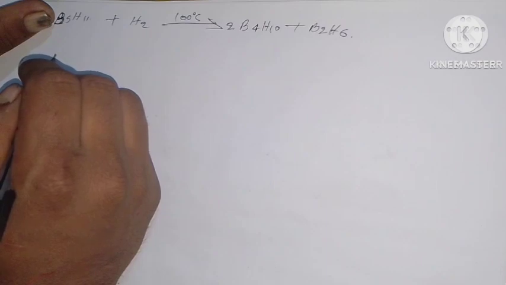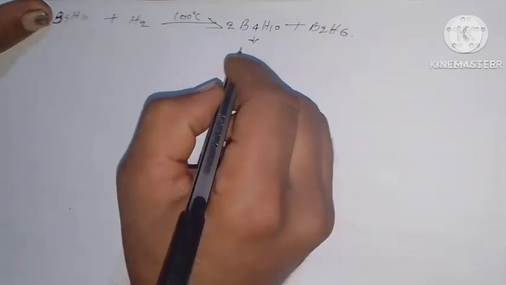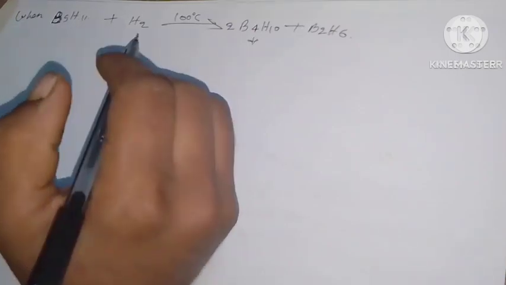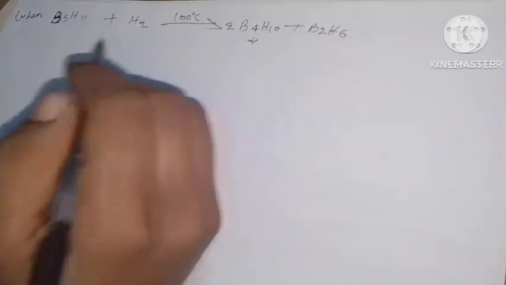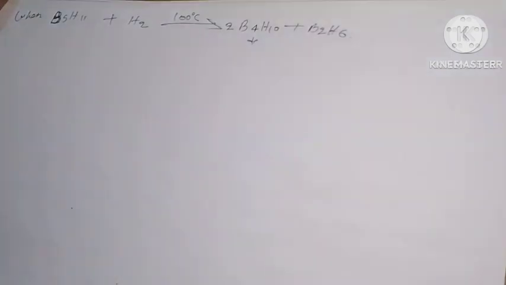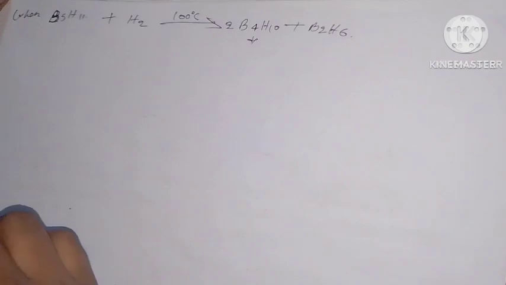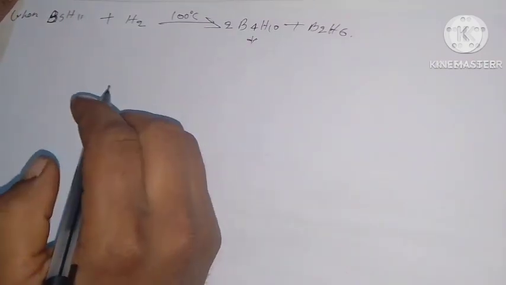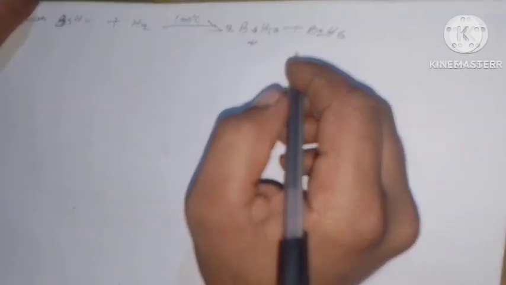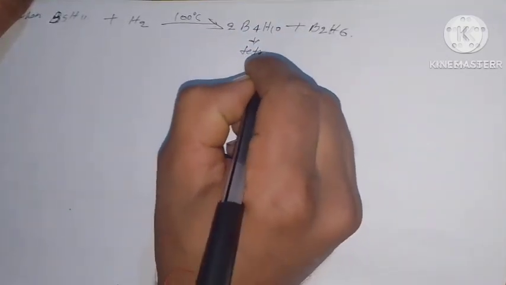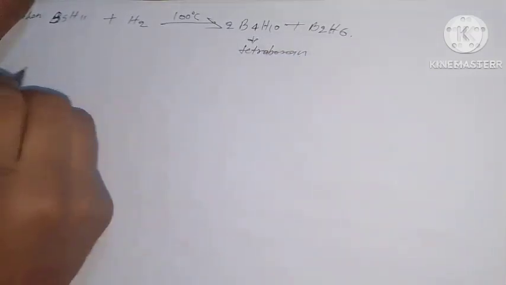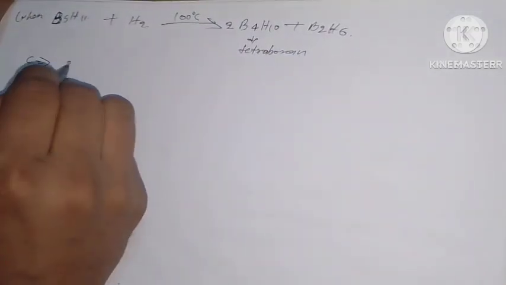At 100 degrees Celsius, tetraborane is obtained. This is tetraborane.